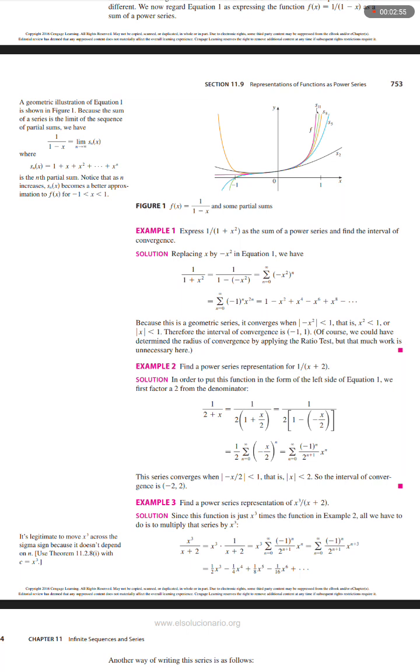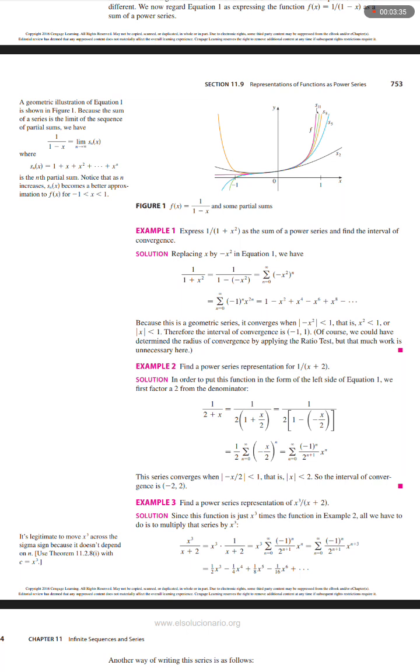Because the sum of a series is the limit of the sequence of partial sums, we have 1 over 1 minus x equals the limit as n approaches infinity of s sub n of x, where s sub n of x equals 1 plus x plus x squared plus ellipsis plus x to the power n is the nth partial sum.